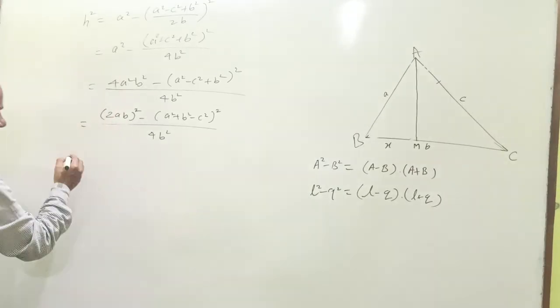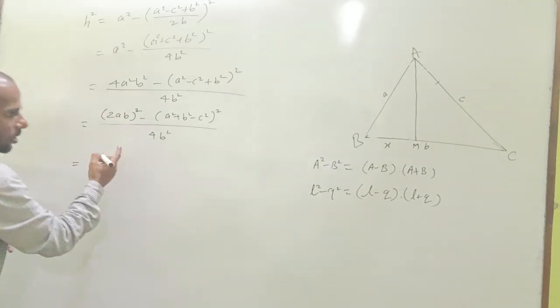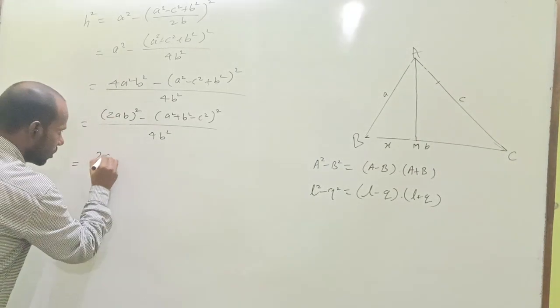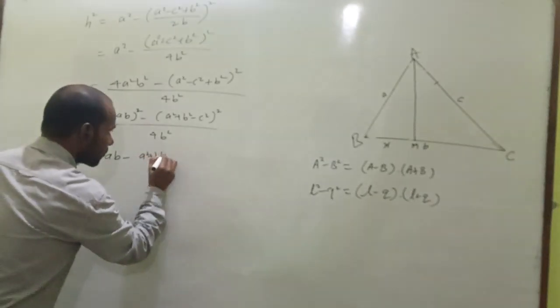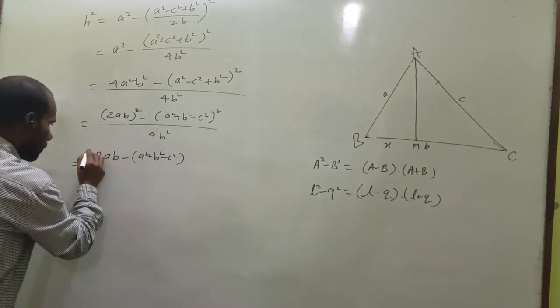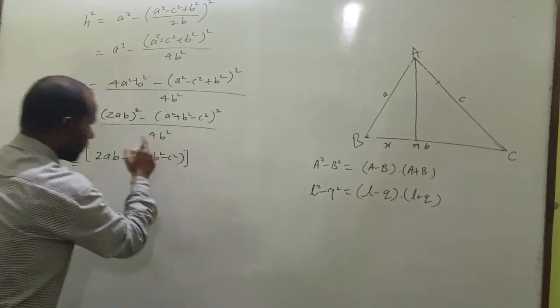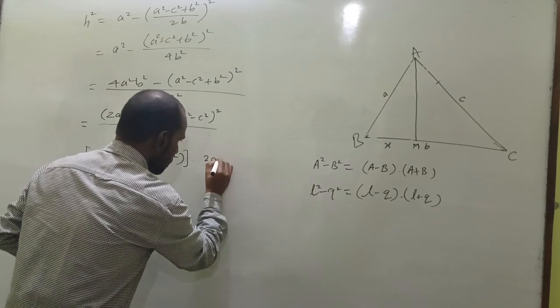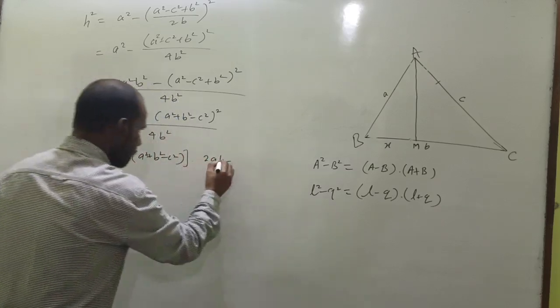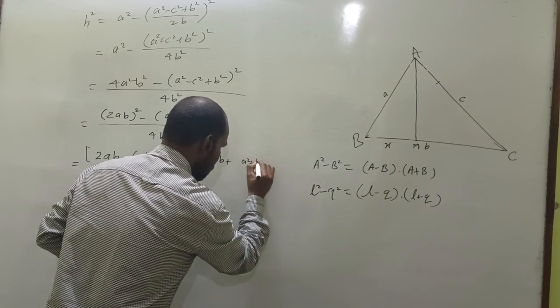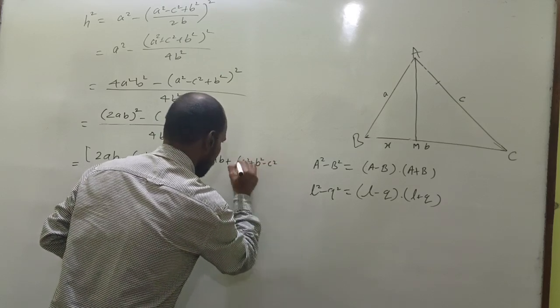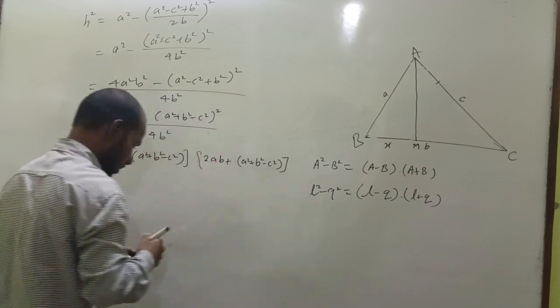If we apply this identity, that would become (l minus q), 2ab minus (a square plus b square minus c square) in one bracket, and the next one is 2ab plus (a square plus b square minus c square) in another bracket.